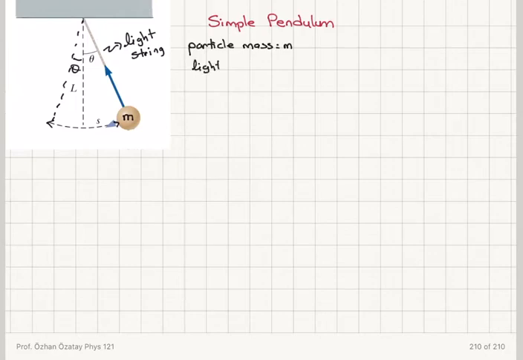So let me write here what I have. I have a particle, mass m. I have a light string, and I see that there are going to be two forces acting on this particle. So let me draw a free body diagram for m.